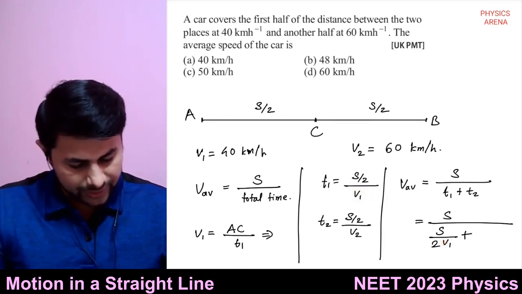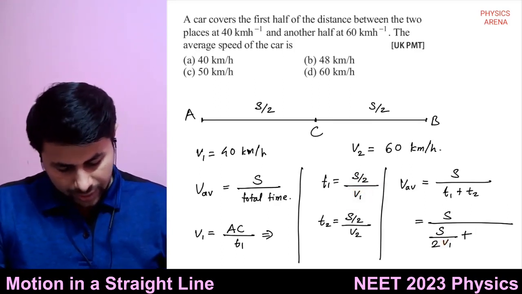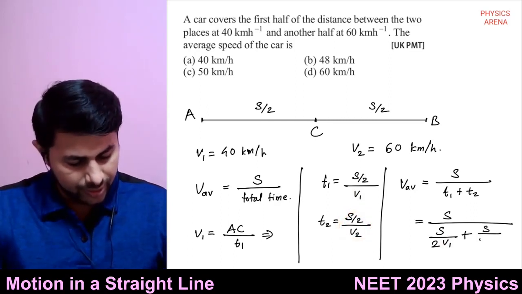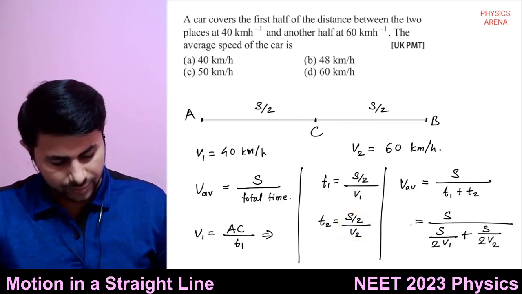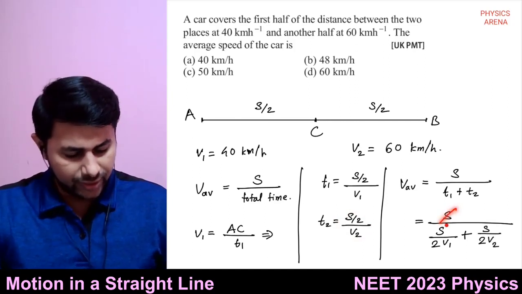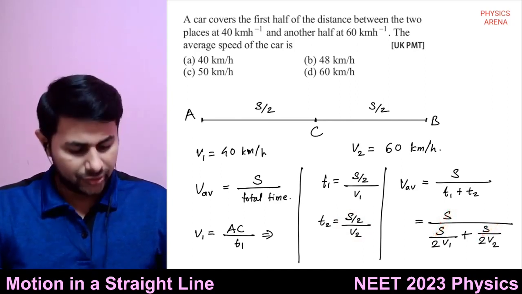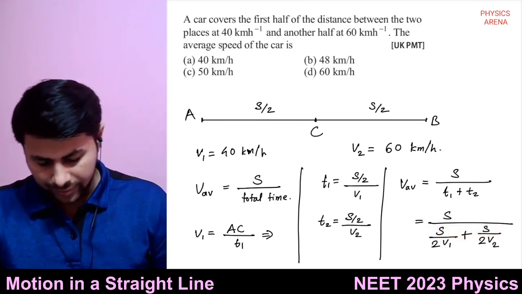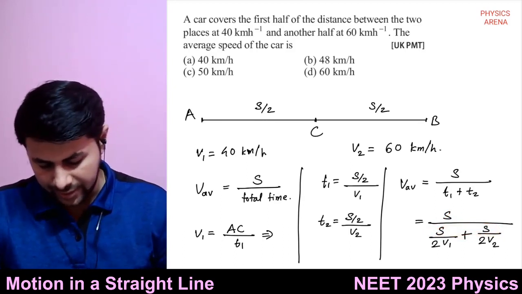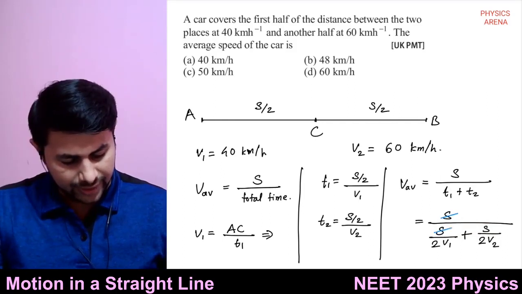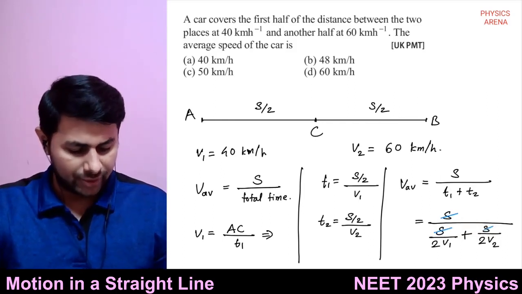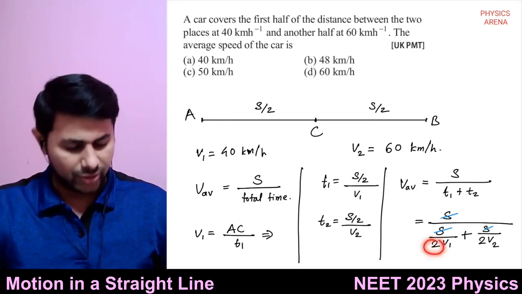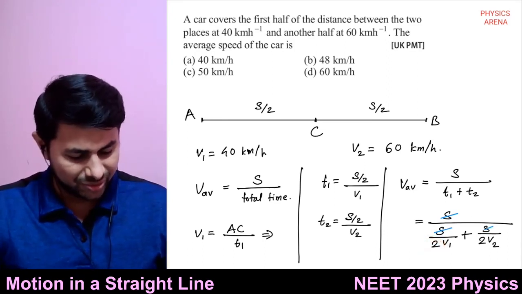Plus I have T2, which is S upon 2V2. Then you can take S common and cancel it out. So S gets cancelled. What are you left with? And this 2, we can't do anything about the 2 anyway.